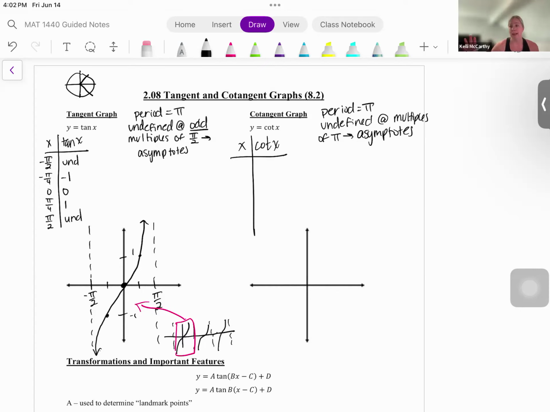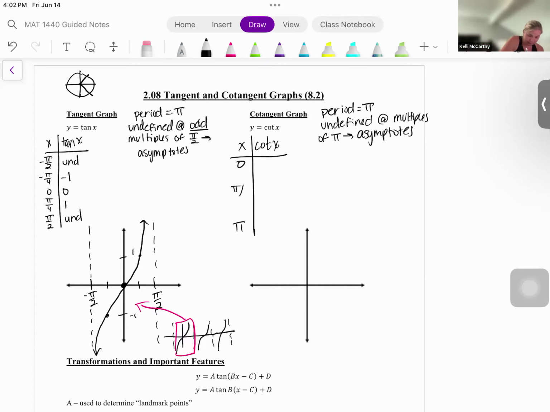Now, because our asymptotes are going to be different from tangent to cotangent, those landmark points that we're going to use are going to be a little bit different. Remember, we want our landmark points, the two outer points, to be those asymptotes. So that's going to occur at 0 and at pi.